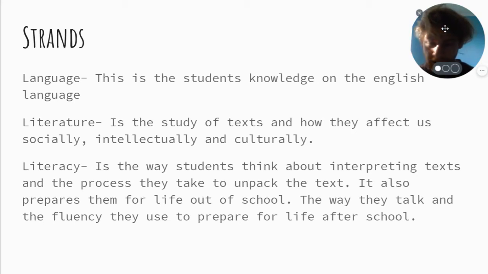Next is literature and how texts affect society, and this involves how they affect society socially, intellectually, and emotionally. And finally, literacy is how students are able to unpack and analyze texts as well as their life after school. So this is their fluency in vocab. This is where literacy and language are able to link together.